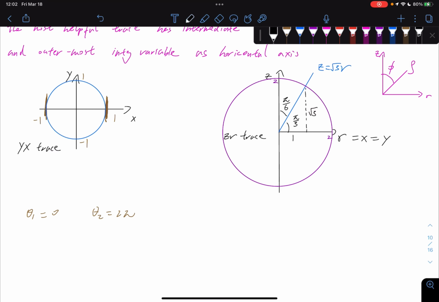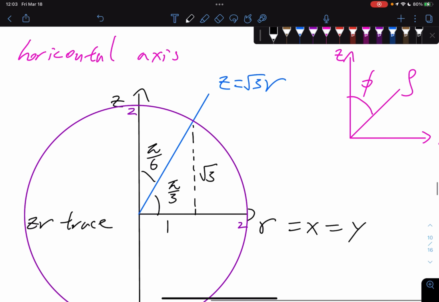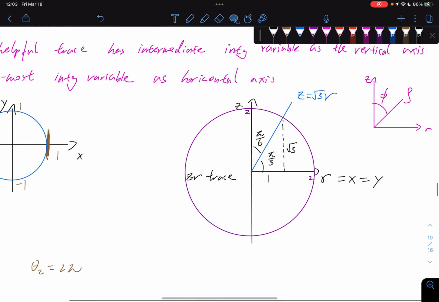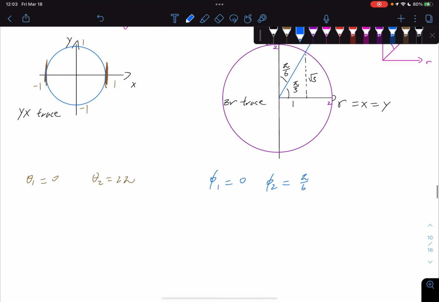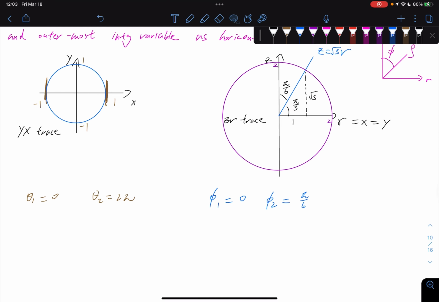Bound number 2 is the phi angle, and we just found that phi 1 equals 0, measuring from the positive z-axis, and phi 2 equals pi over 6. And then finally, rho 1 equals 0, and rho 2 equals 2.